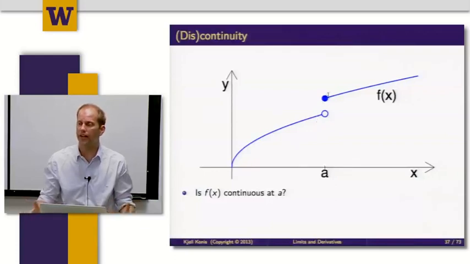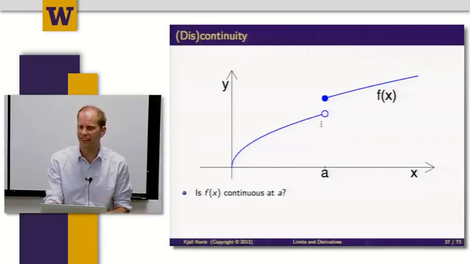And no matter how thin I make my interval, if I choose an epsilon that makes a range around this solid dot, say halfway in between the open circle and the filled-in circle, I'm never going to be able to get any points on this side into that range. So it's definitely the limit as I approach A from the left-hand side is going to be less than the value of the function there.